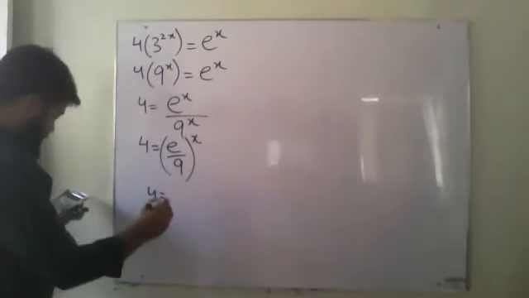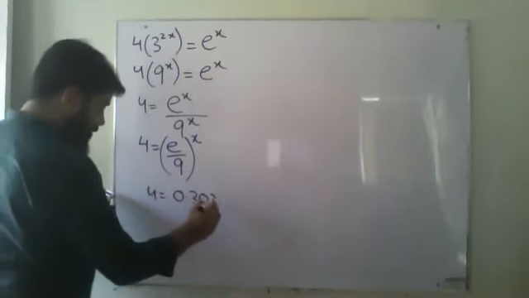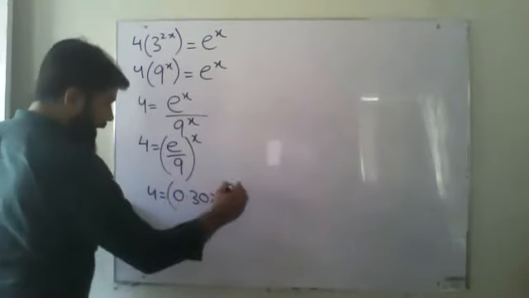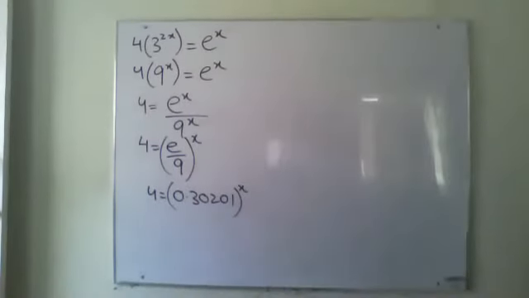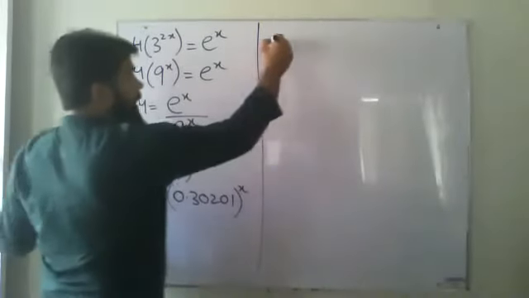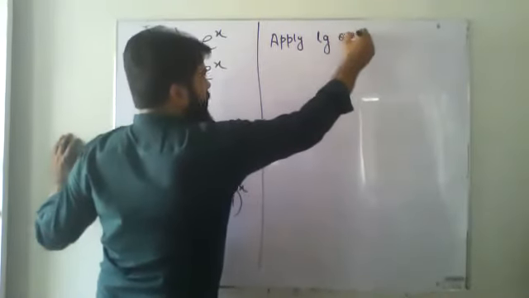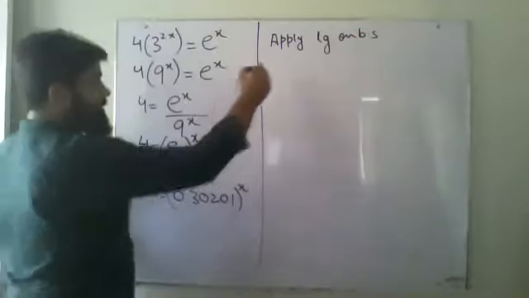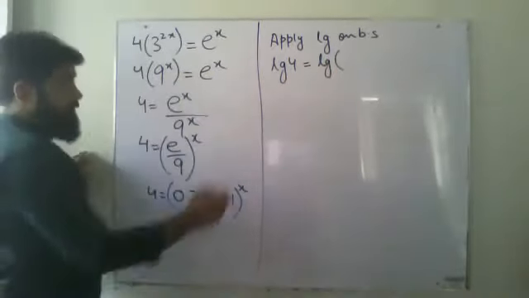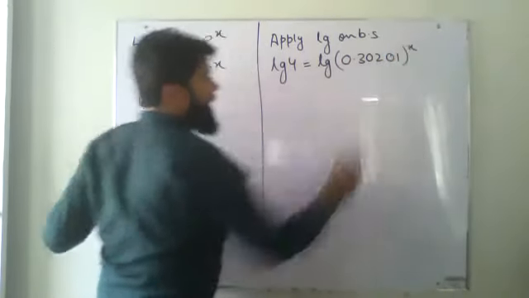4 equals 0.30201 whole power x. Now both are numbers, so I can apply logs directly. Applying log on both sides, it will become log 4 equals log of 0.30201 whole power x.